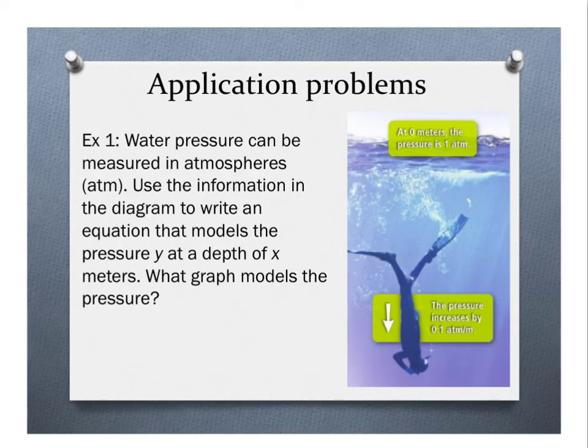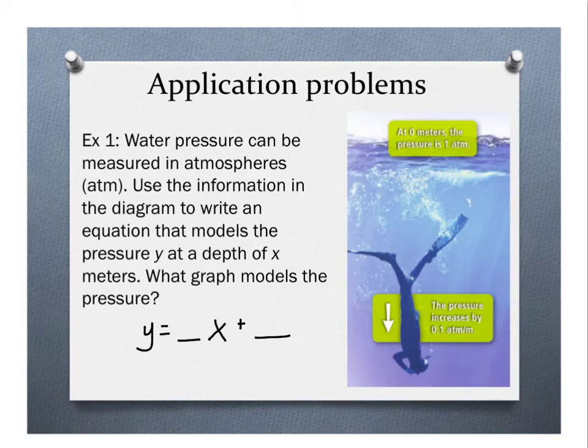Okay, so we need to write an equation. So Y is the pressure. Y equals the pressure, and it's changing per meter, and it's starting at a pressure of 1 atmosphere. So we actually have both the slope and the y-intercept here. At 0 meters, the pressure is 1 atmosphere.